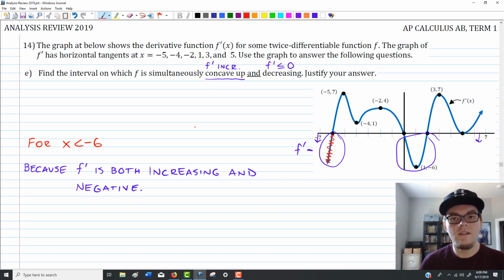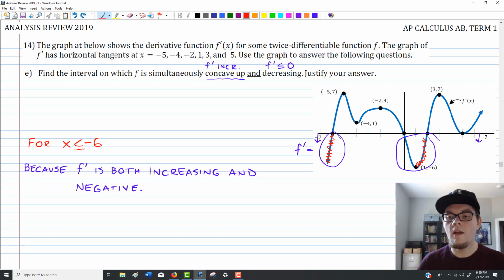And actually, you know what? It says decreasing here. I'm going to include the or equal to in this case. So I just think it's better to say it that way. So I'll revise my explanation in a second. So there we have f prime is increasing and negative. Technically it should be non-positive, but whatever. Then from here we look at the next region right there. We are decreasing, so that doesn't apply.